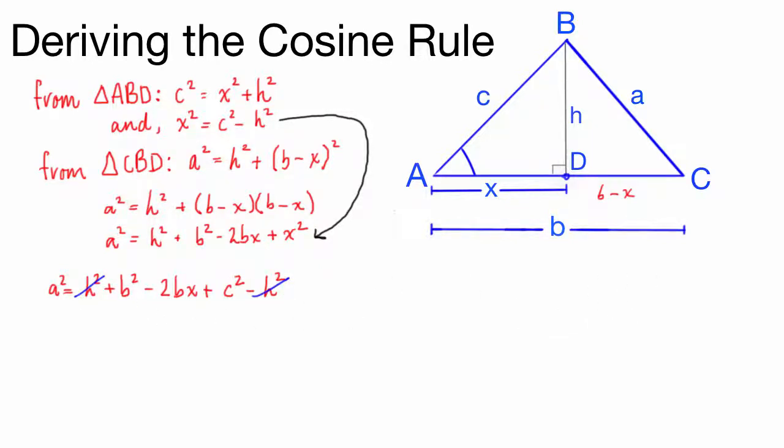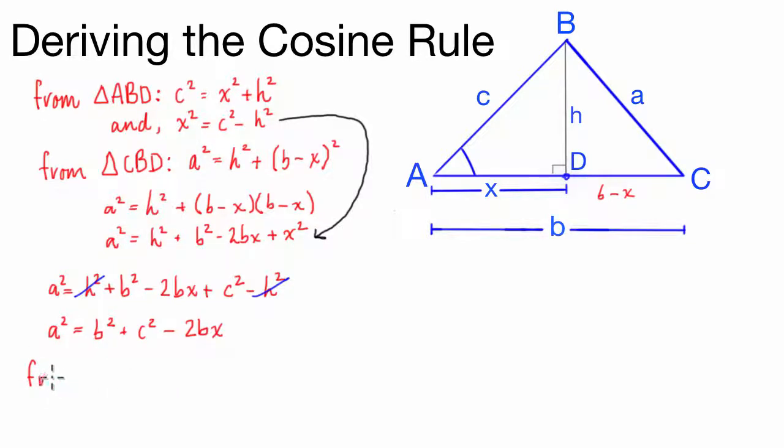So I'm going to group my squared terms together. A squared is equal to B squared plus C squared minus 2BX. Now, what we can do here is go back to triangle ABD.